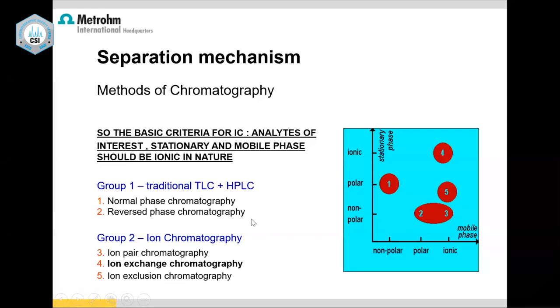You are well aware of these techniques now. With respect to ion exchange, the stationary phase will be ionic and the mobile phase will be ionic. So this is number 4, the next criteria. The stationary phase has to be ionic in nature. Similarly, the mobile phase should be ionic in nature.